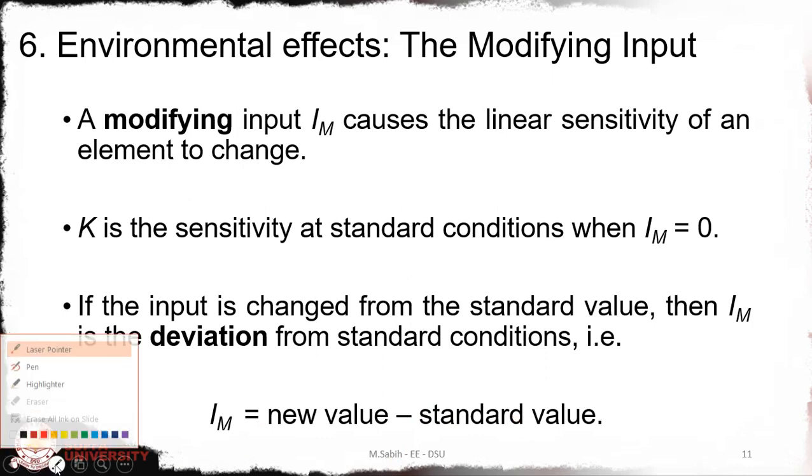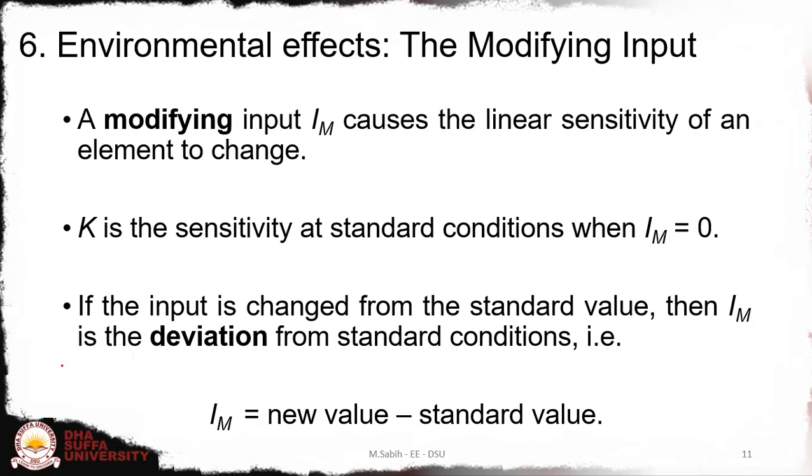For example, assume the standard value of the ambient temperature was 20 degrees. If the new temperature is 30 degrees, then the IM value will equal 10.